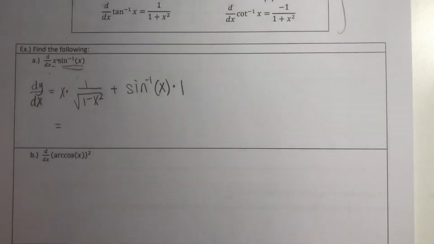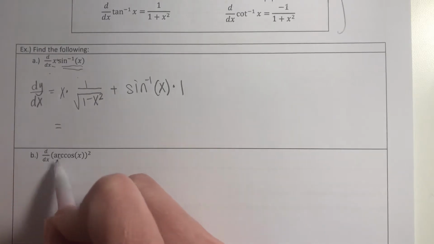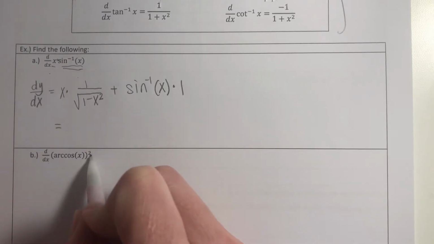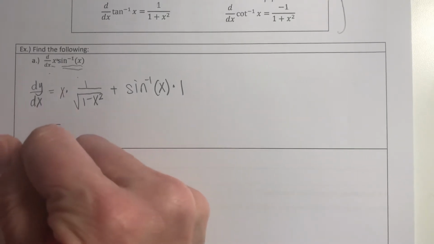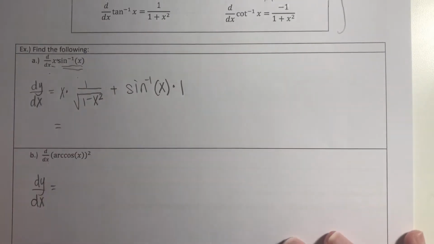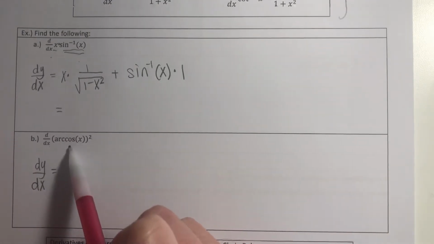Looking at B, we have the derivative with respect to x of arc cosine of x, quantity squared. So we're going to go ahead and put dy/dx, this is our derivative, is equal to, well, we have an outside function and an inside function. So this requires us to use the chain rule.